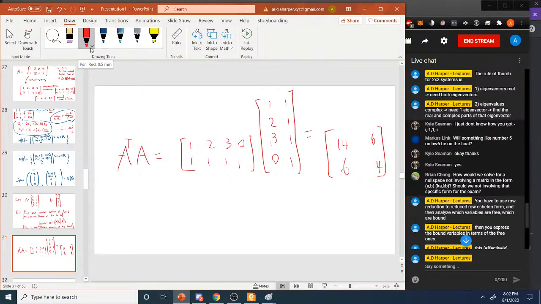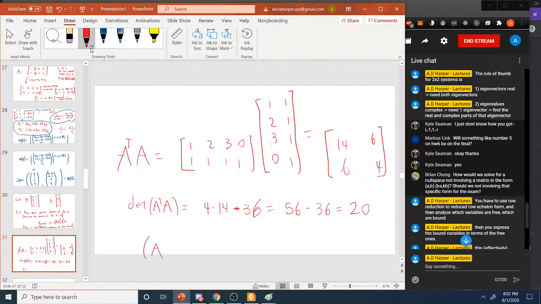Now, the determinant of A transpose times A is going to be 4 times 14 minus 36. So what is 4 times 14? That's the same as 7 times 8, which is 56. So this is 56 minus 36, which is equal to 20.